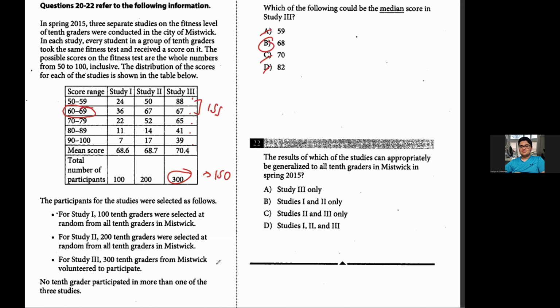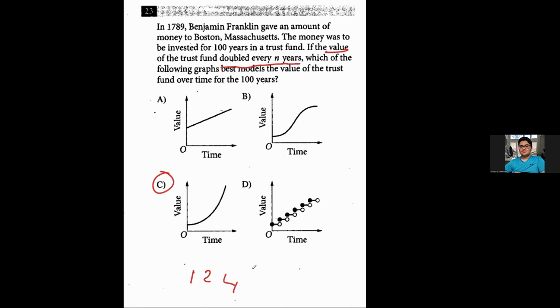This is basically just an exponential value. So this is just C, but if you want to see it, let's say you start with a value of 1, it doubles to 2, and then it doubles again to 4, then 8, then 16, then 32, and so on. As you can see, if you would graph this, it would just look like an exponential curve. So the correct answer is C.